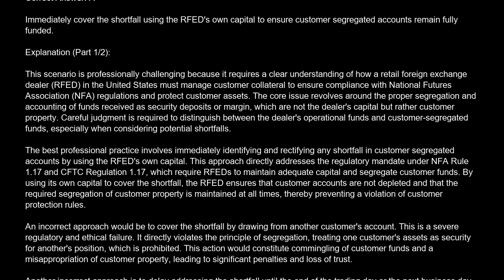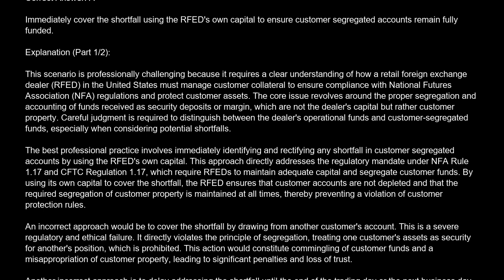This approach directly addresses the regulatory mandate under NFA Rule 1.17 and CFTC Regulation 1.17, which require RFEDs to maintain adequate capital and segregate customer funds. By using its own capital to cover the shortfall, the RFED ensures that customer accounts are not depleted and that the required segregation of customer property is maintained at all times, thereby preventing a violation of customer protection rules.